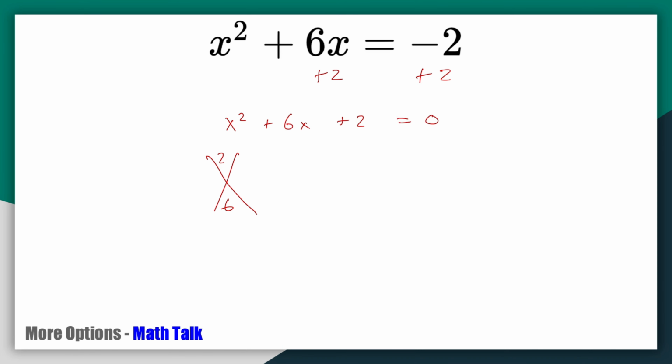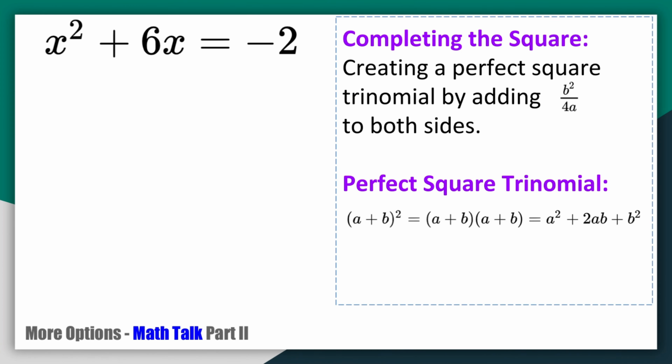What times what gives you 2 that adds to be 6? And we run into this situation here. At this point, the quadratic formula will always get an answer, but there's a variable amount of work for it. It's a lot of steps. There has to be something more simple that we can do, and that's where we have completing the square.